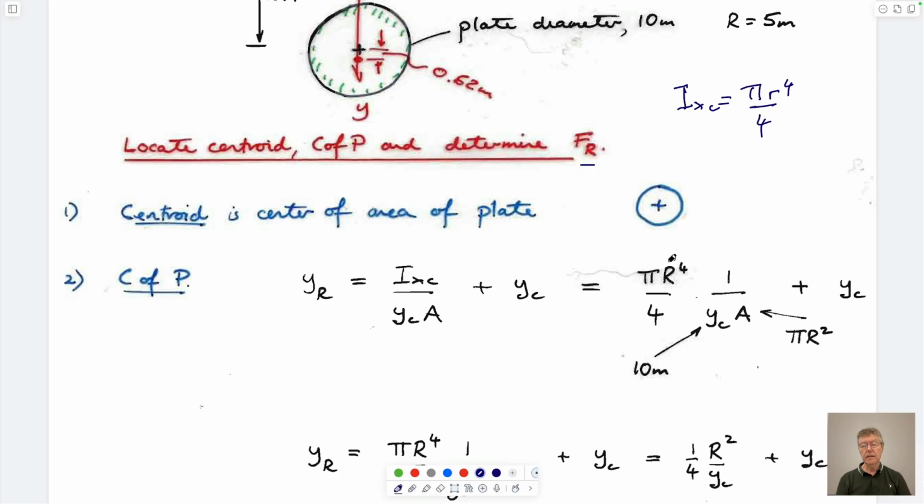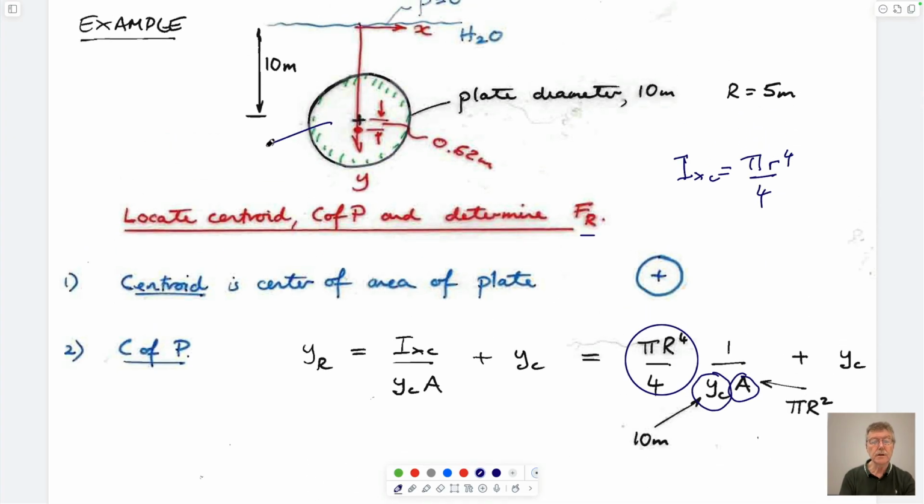So I_xc is this. y_c is this. A is this. A is the area of this disk, so the area is equal to pi r squared, uppercase R, I guess.